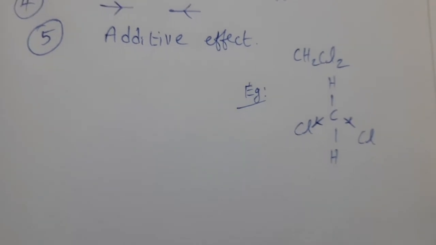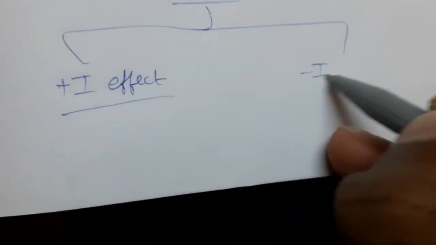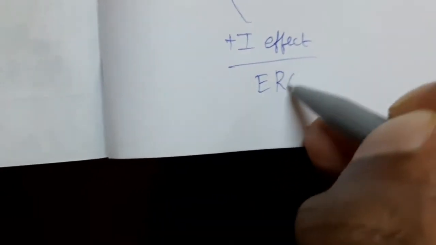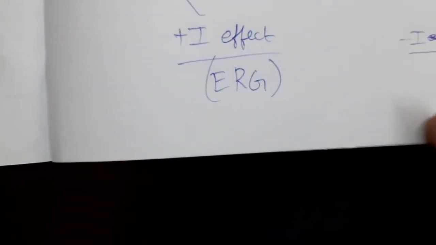Next, types of inductive effect. This inductive effect is classified into two types. One is plus I effect. Another one is minus I effect. Plus I effect means electron releasing groups are present in the organic compound.